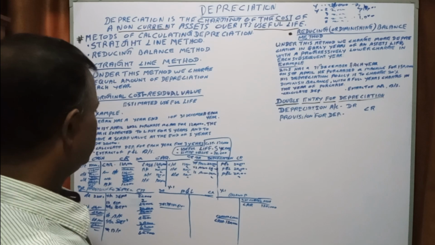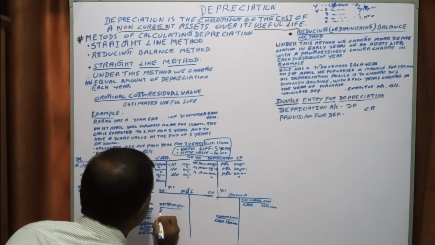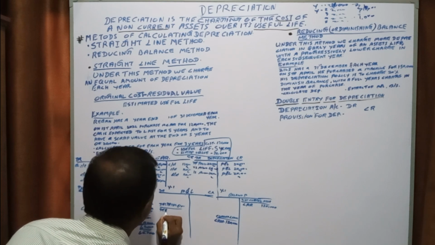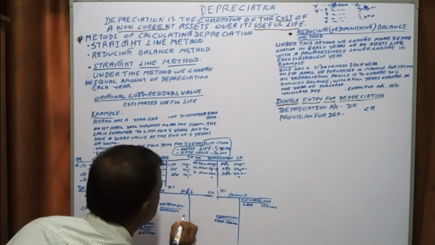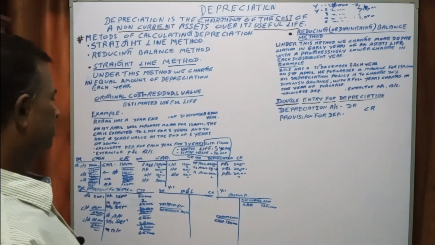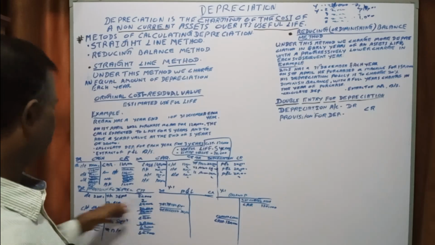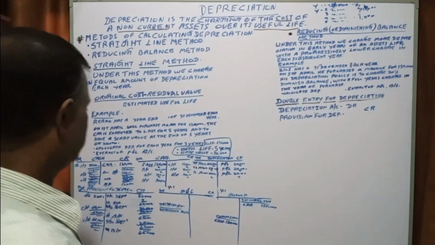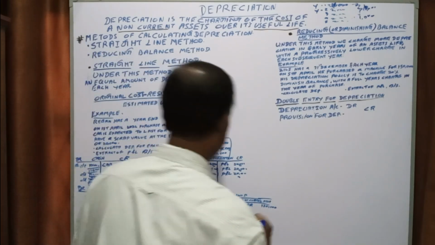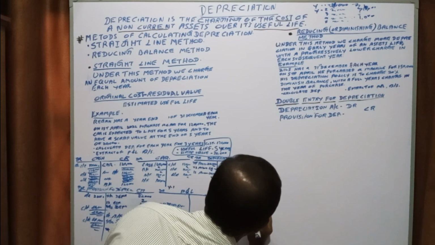Then depreciation is 20,000. In distribution expenses we will say depreciation expenses 20,000. The provision for depreciation is also 20,000 here in year 1, and we have to deduct it.